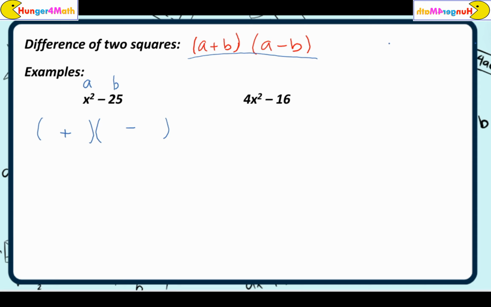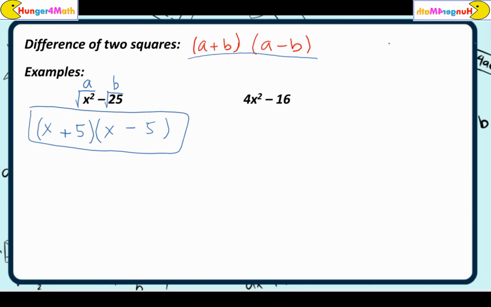Then to get the value of a and b, we have to take the square root of a. So the square root of x squared is x. We write it here for both sides. Then we also take the square root of b, which is the square root of 25, and that is 5. And we write it for both sides of the factors. So here is your answer.